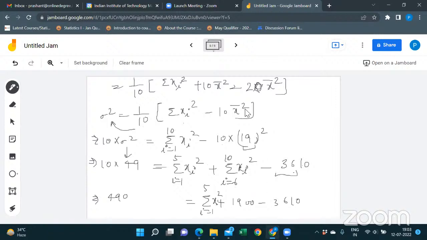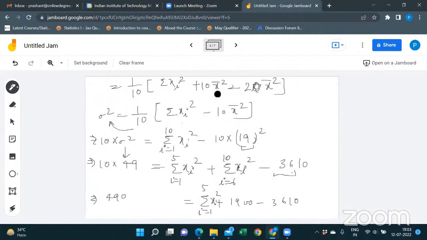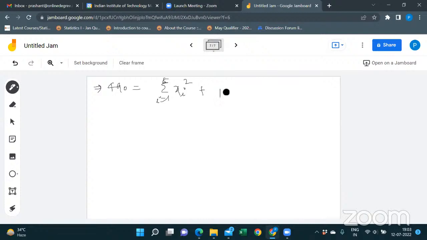Okay, so 490 equals summation i equals 1 to 5 xi square plus 1900 minus 3610. Or let's transfer all these quantities to the left hand side.